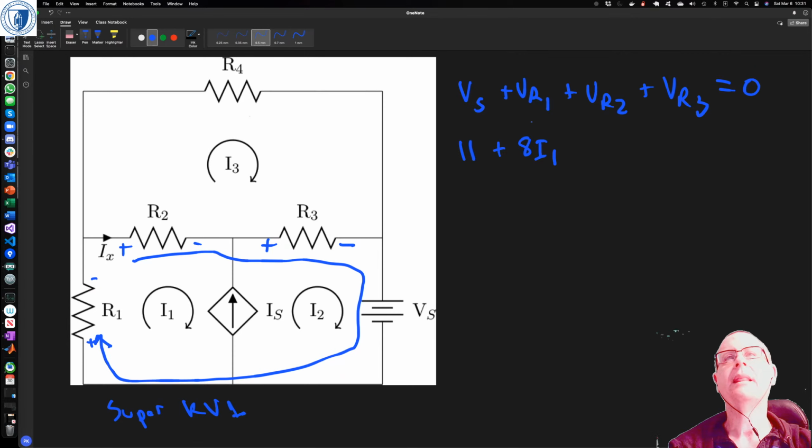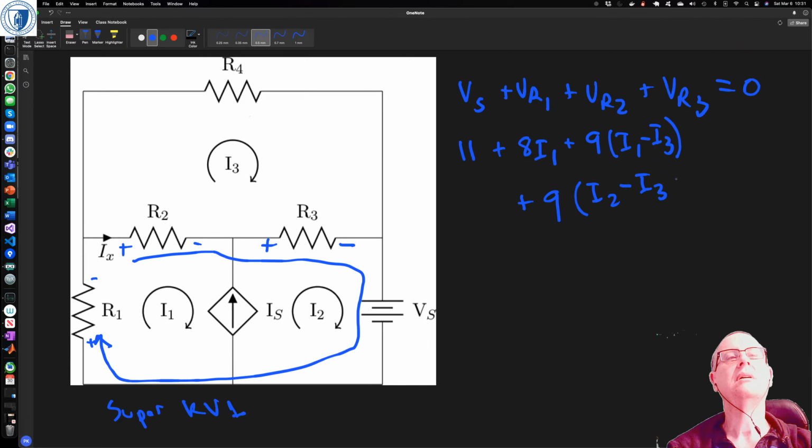VR2, R2 is 9, so that's 9 times I1 minus I3. And then VR3, R3 is also 9, is going to be 9 times I2 minus I3, and that equals 0.